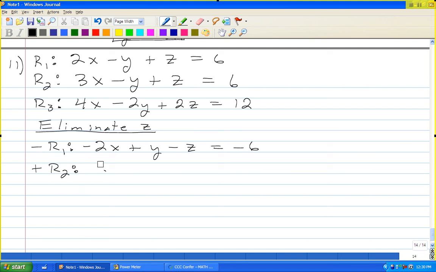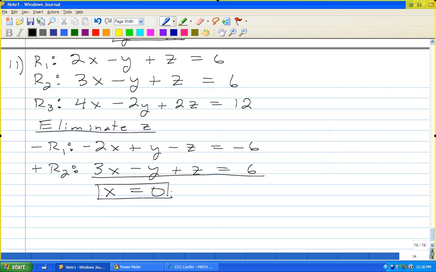Oops, that's a 3x minus y plus z equals 6. And let's add these together. So I get x, the y's, z's cancel, equals 0. So I've solved it. So I found that x is 0.